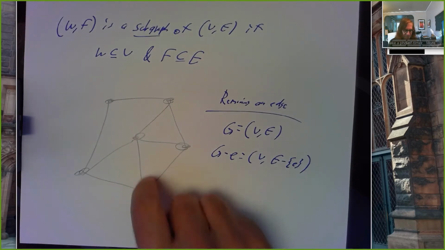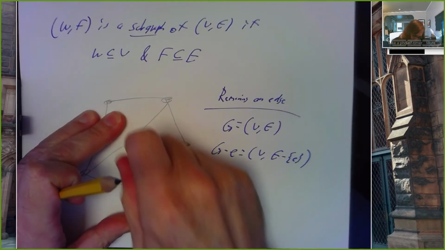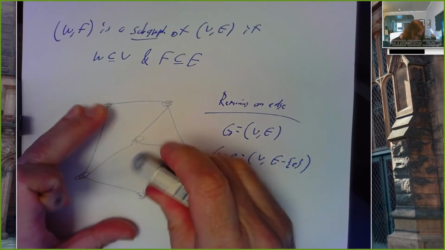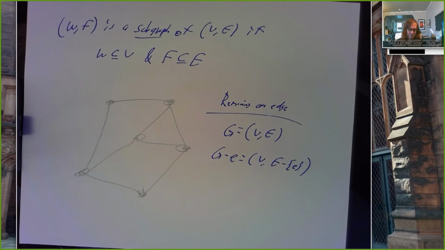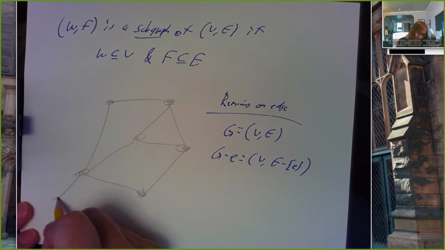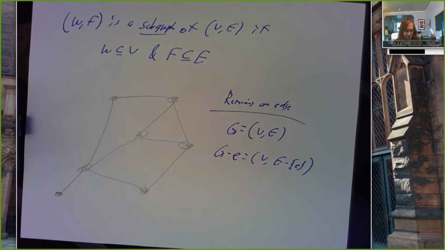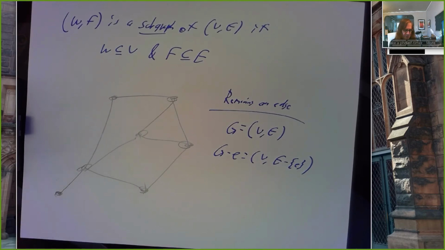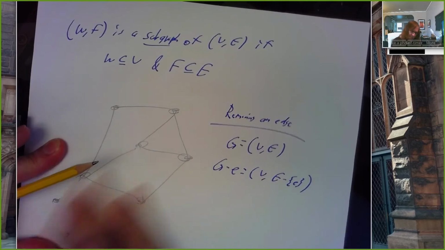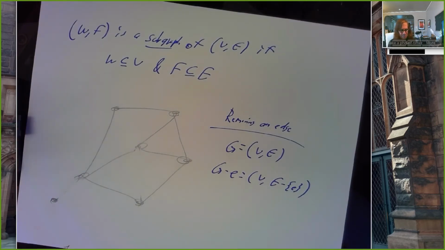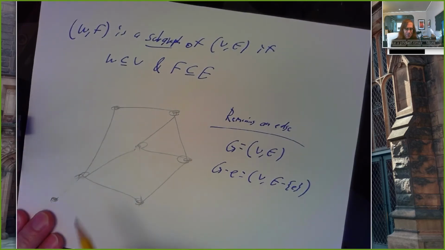So if I want to remove this edge, for example, it's really just a matter of getting rid of that edge. And unless we say otherwise, our graphs don't have to be connected. So if I remove this edge, what do I end up with? I end up with this graph, which isn't connected. There's no collection of edges from this vertex to that vertex, but it's still a graph. It's a disconnected graph, but that's okay.